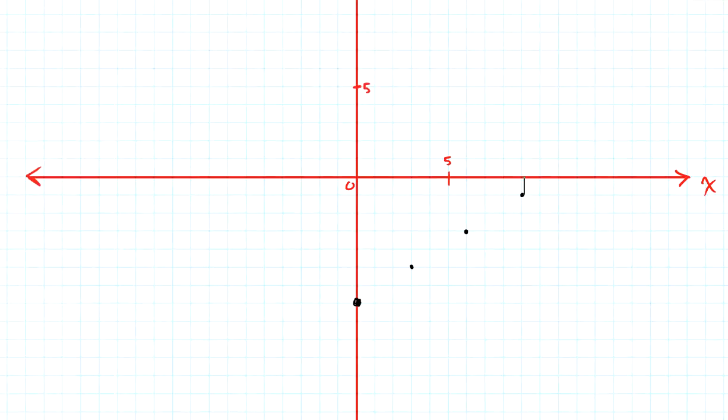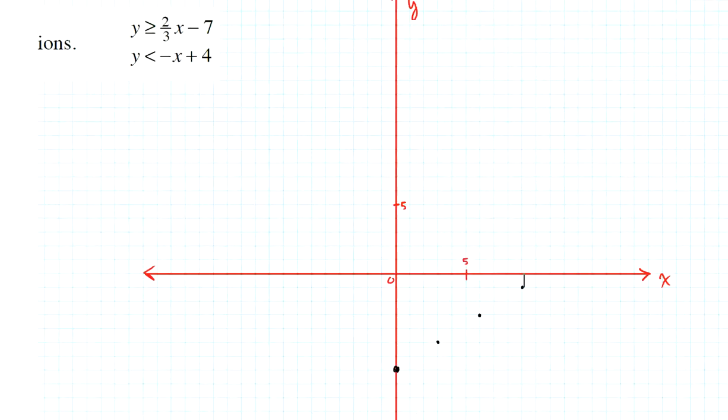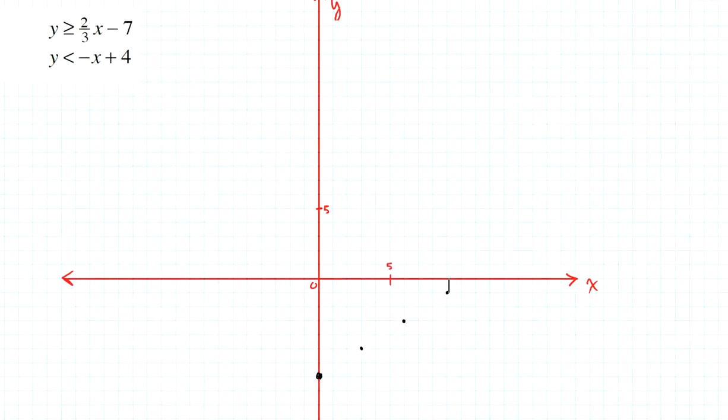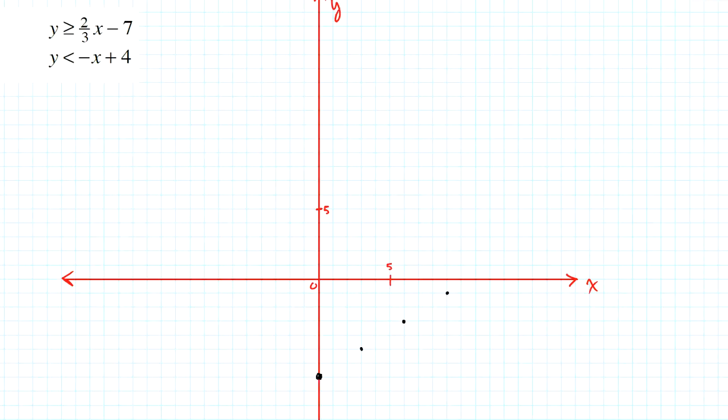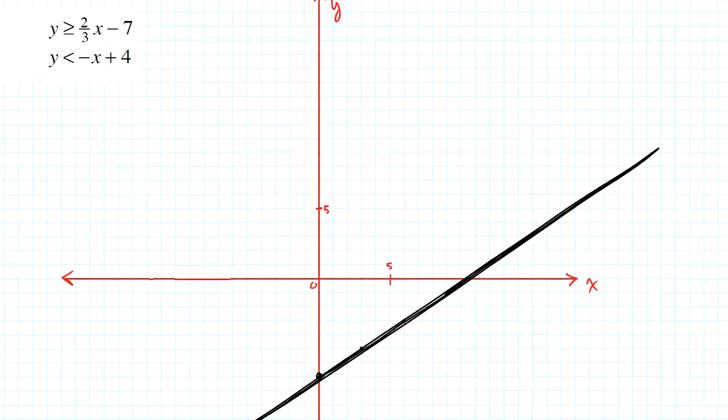This particular constraint was greater than or equal to, so I'd use a solid line there. Let me put my ruler down and go ahead and trace that. So this will be a solid line. And trying to make it go through those points pretty well. And this is y's greater than that.